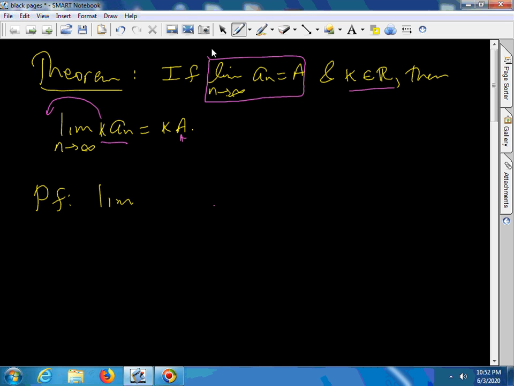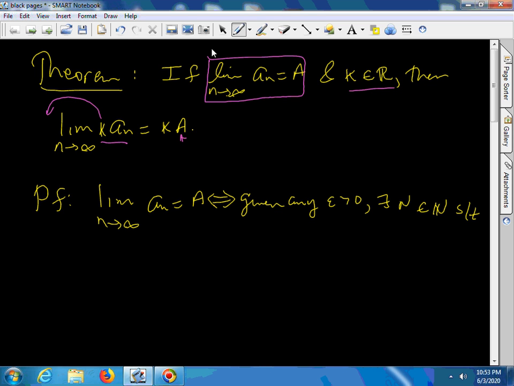So the limit as n goes to infinity of a sub n equals a. That tells us that given any epsilon greater than 0, there does exist a natural number capital N, in the natural numbers, such that whenever n is sufficiently large, that is bigger than capital N, we have that the absolute value of a sub n minus a is going to be really small.